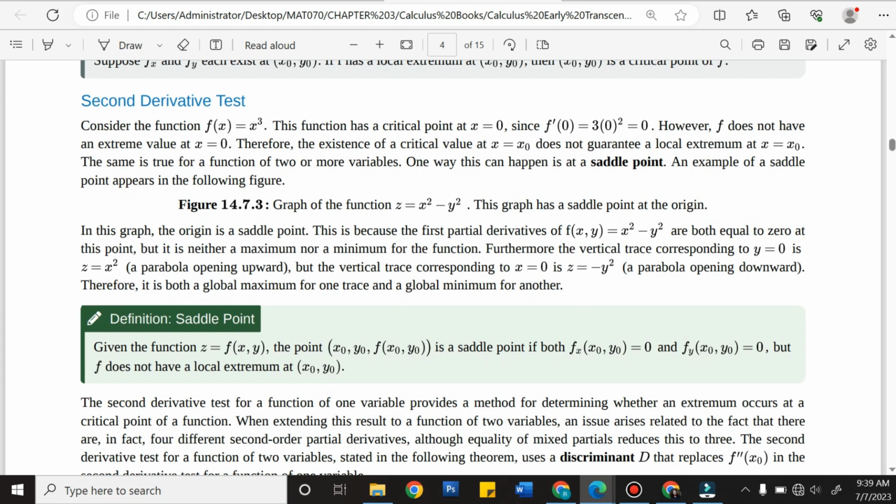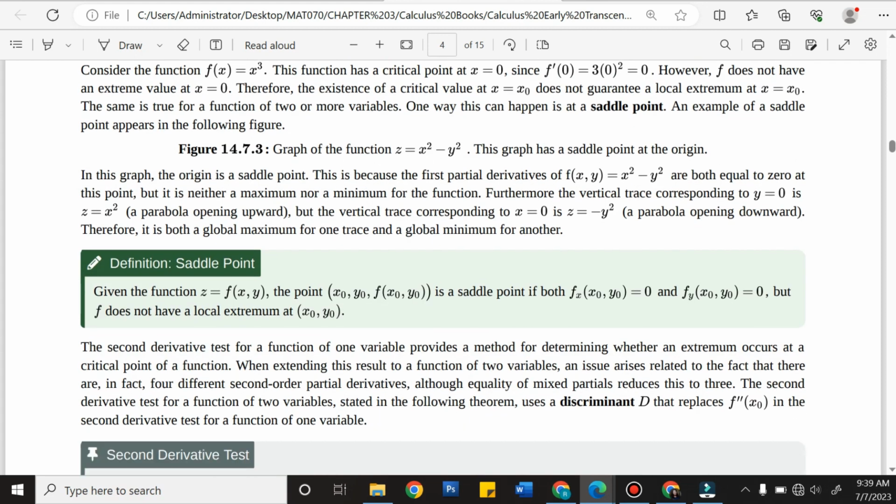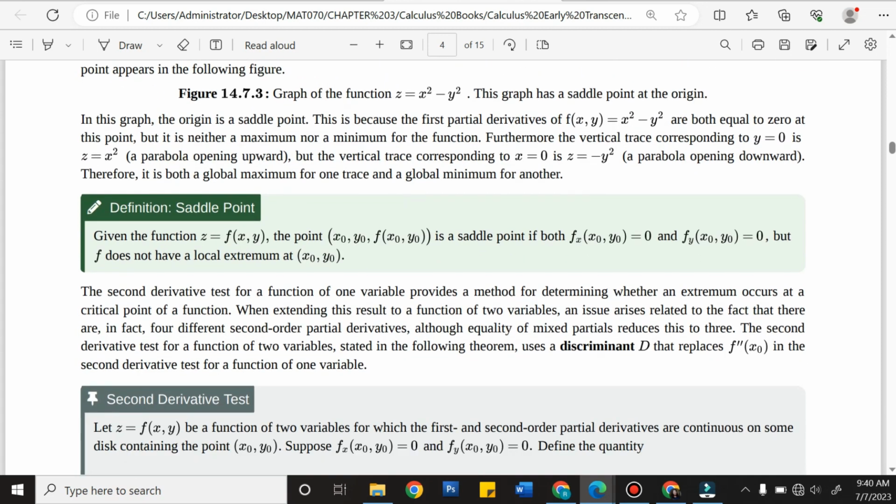Now, given the function f of xy and the point x sub o, y sub o, if both the first derivative of f with respect to x and with respect to y are both 0 but it does not have a local extremum, then we can say it is a saddle point.